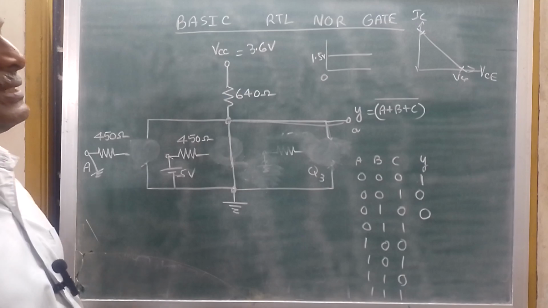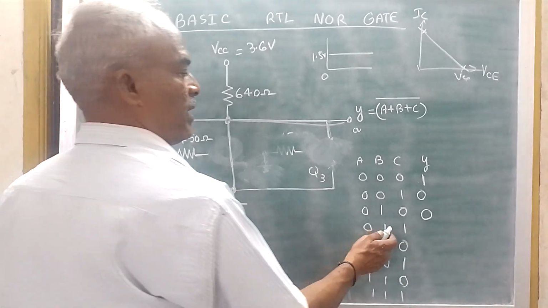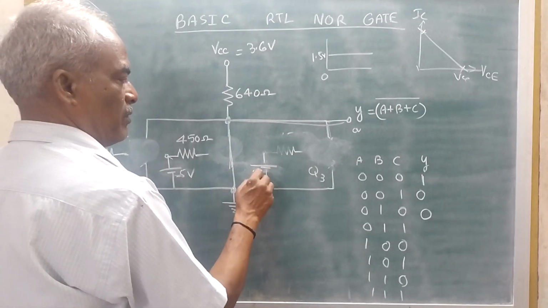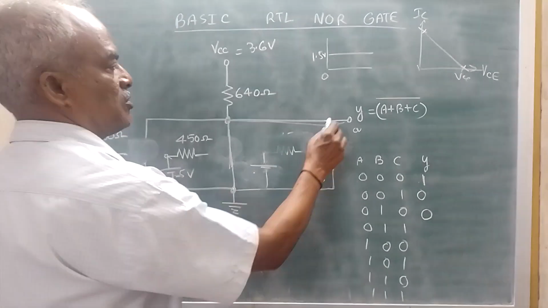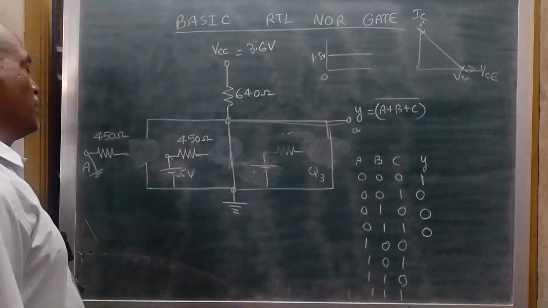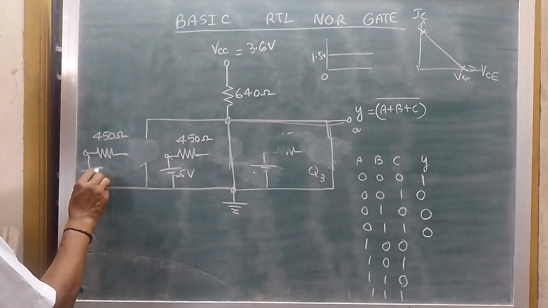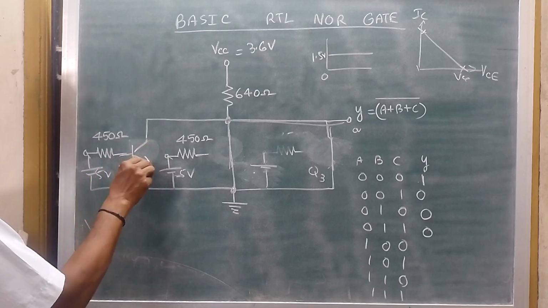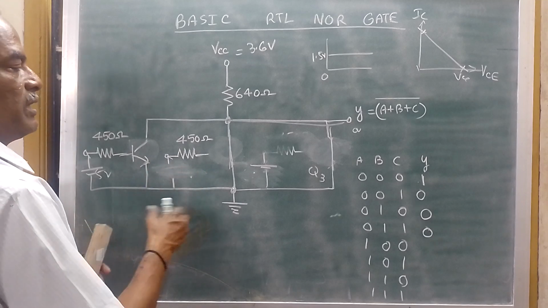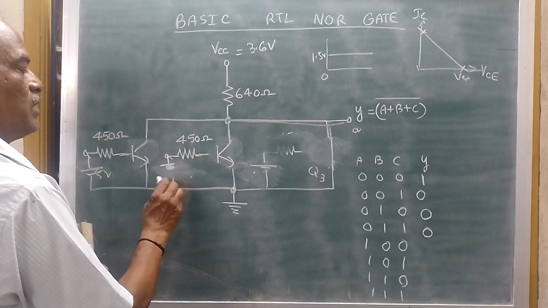For the next case, this is 0, whereas B and C go into conduction. That is, this is short. Here you will be giving 5 volts. This is also short. That means you will be seeing only 0. In 1, 0, 0, you are giving 5 volts for this. So this transistor goes into conduction. Whereas for the next transistor, this point is grounded, that is 0 volts.